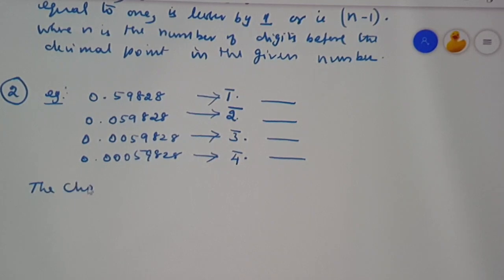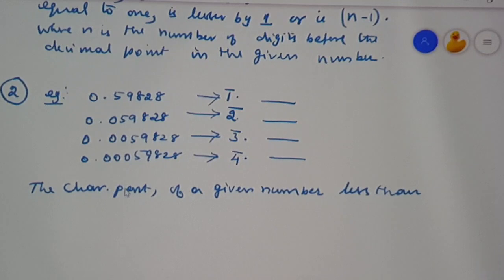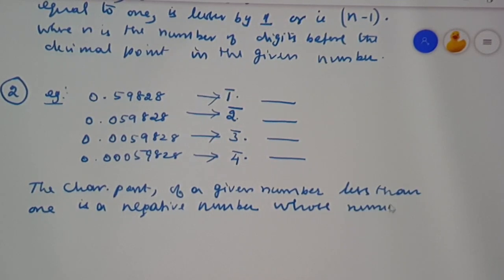See, the characteristic part of a given number which is less than 1 is a negative number whose numerical value is more than 1.